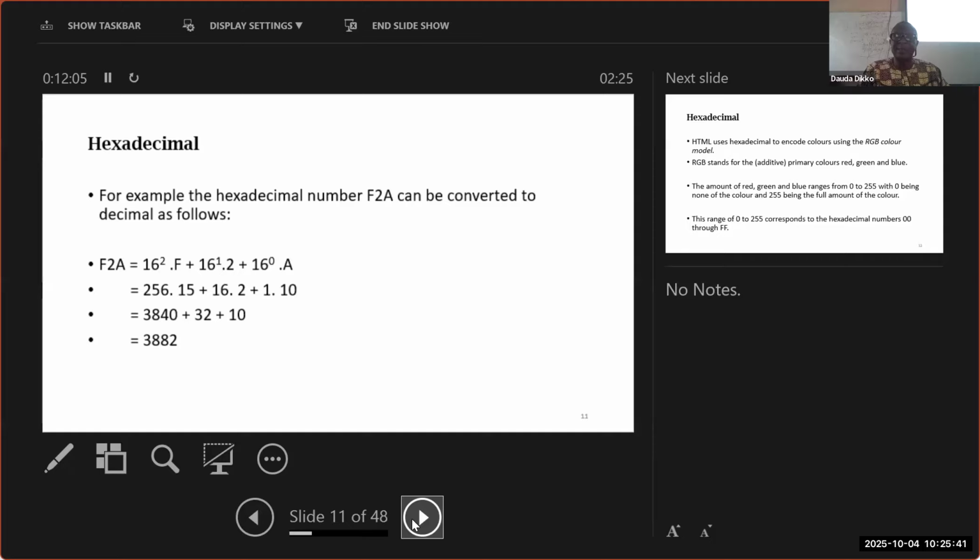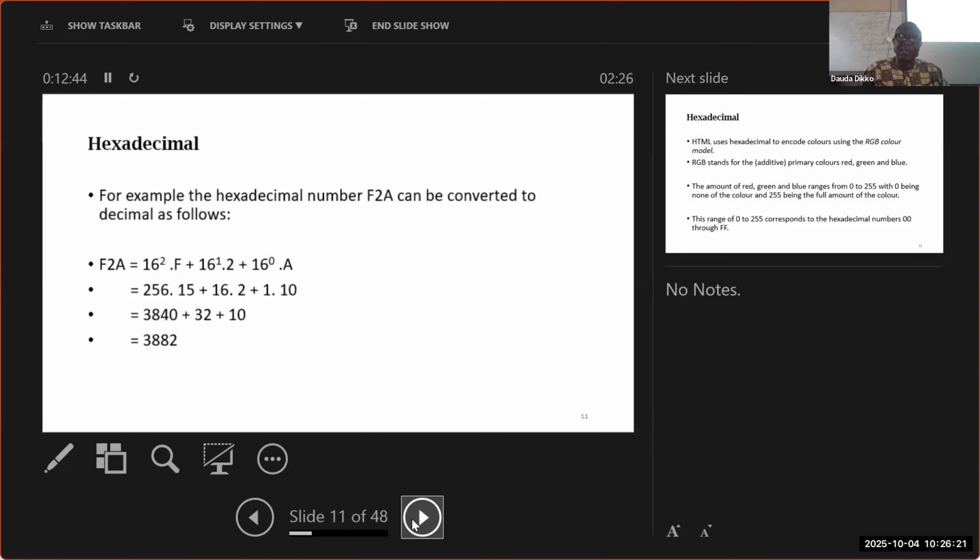Because the base of hexadecimal is 16, we have 16 raised to power 2 times F, plus 16 raised to power 1 times 2, then 16 raised to power 0 times A. 16 raised to power 2 is 256. By the time we put everything together, we have 3882. So hexadecimal F2A is now 3882 in decimal.